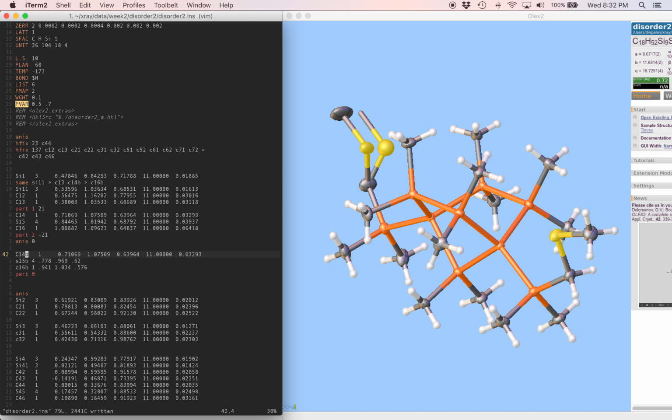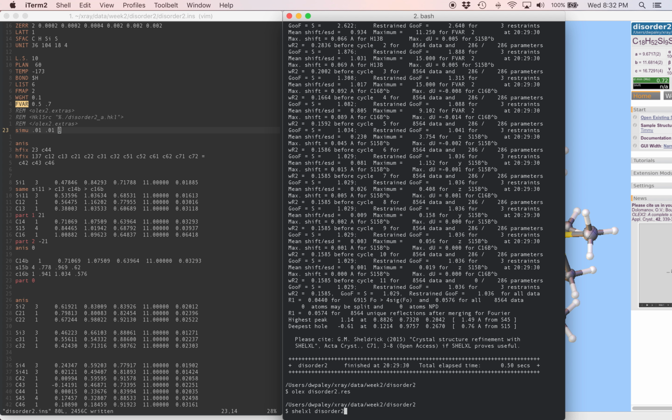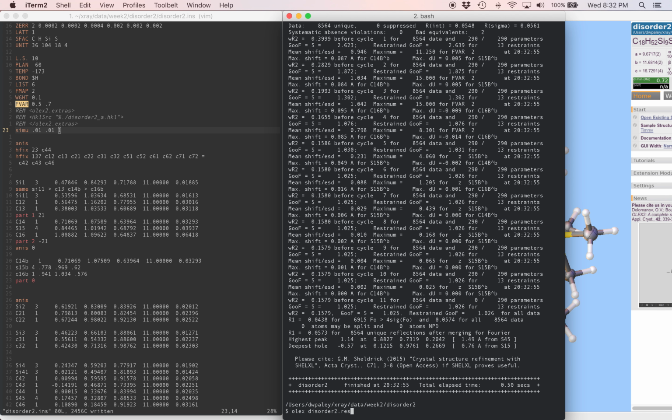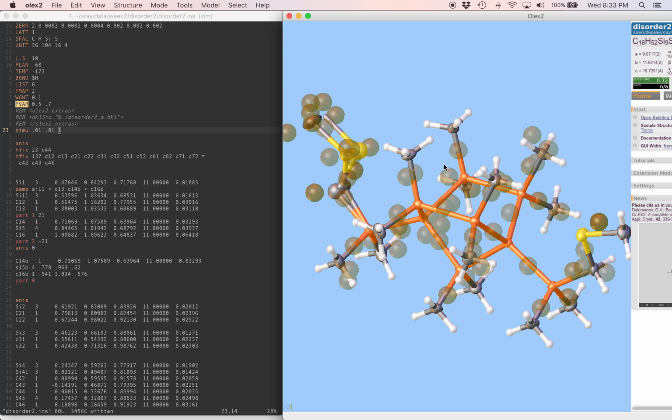Before we do that, I will add a simu instruction for overlapping ADPs like we've done before. We'll put the same uncertainties and maximum distance as we did before as well. So I saved that. I'm going to refine it again. How does this look? I'm going to kill my Q peaks.